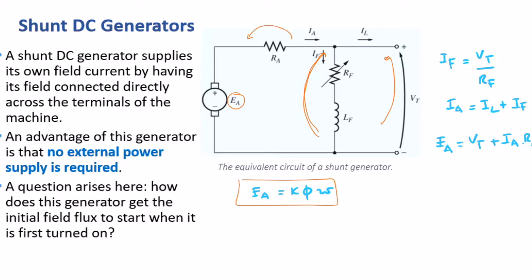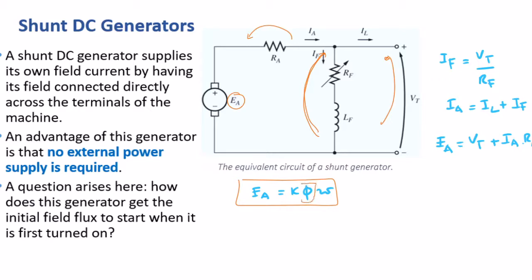To be able to generate the voltage, we need the flux and the omega, the speed. The speed of the generator comes from the fact that it's driven by a prime mover. So there is a speed there because we've got a prime mover that will supply the mechanical energy into the generator. However, the question is, how about the flux?